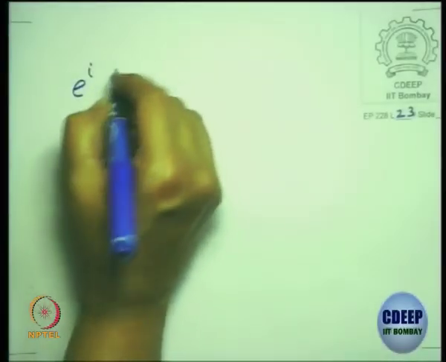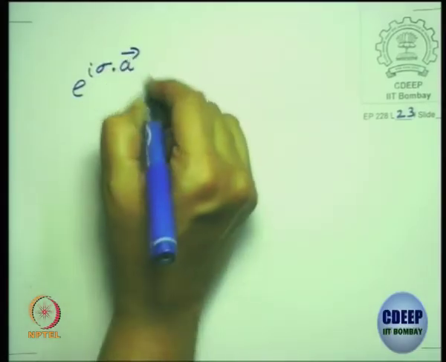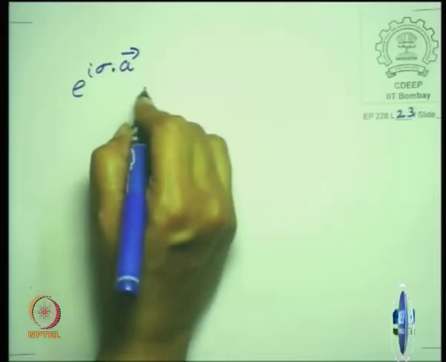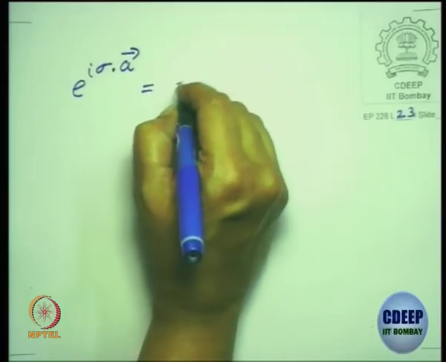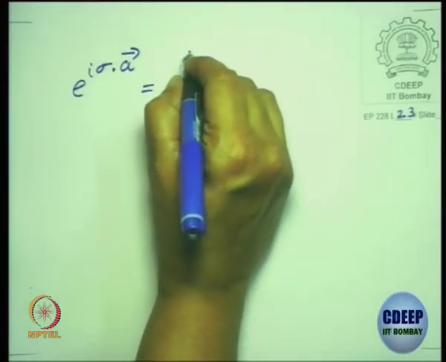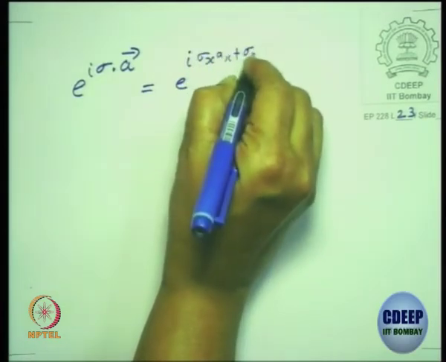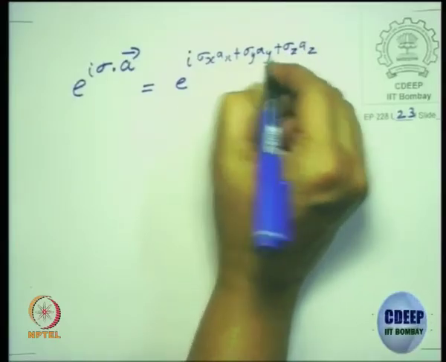So you can do various other things with these Pauli matrices. If I give e to the I sigma dot a vector, what is this? It is e to the I sigma x ax plus sigma y ay plus sigma z az.